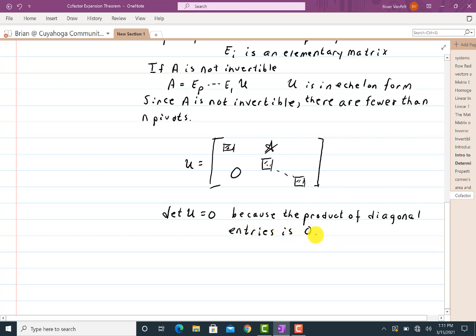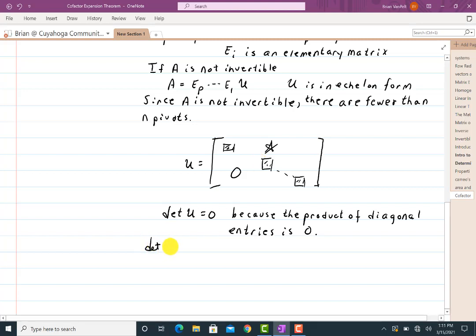The reason why that product is 0 is because we have fewer than n pivots. That means as we go along this diagonal, some of them will be missing. That means some of these spots along the main diagonal will be 0. So you'll be taking a product of numbers, some of which are 0. So that is why you get that determinant to equal 0.